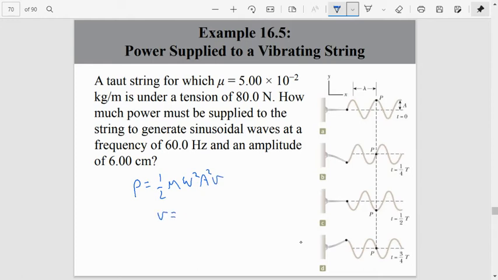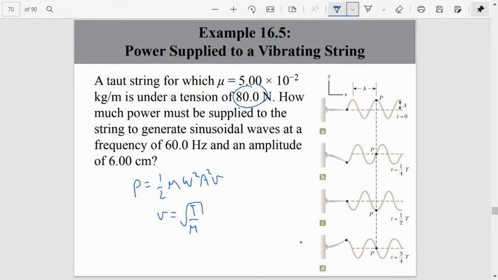We don't know the speed, but because we're on a string, we can find the speed from the tension and the mass density. When you're given the tension, that's a hint that you probably have to find the speed with the formula from 16.3. Everything else is given to you straight away, so you're plugging in going forwards.